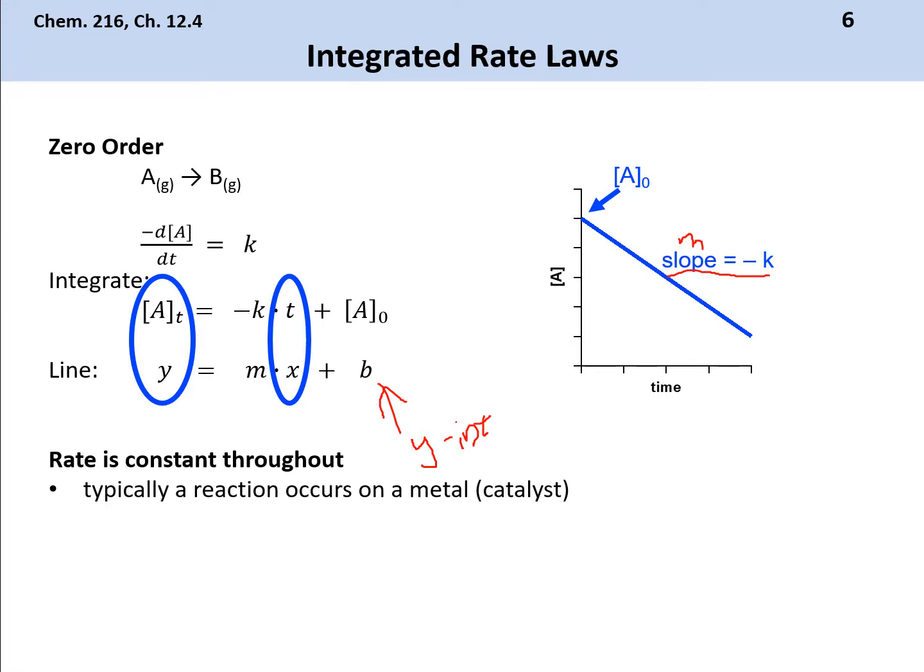So for a zero-order reaction, the concentration will decrease over time, and it'll decrease at a constant rate. Notice the slope is constant through this whole time. Typically, this is kind of rare. This really only happens when we have something like a catalyst that removes it. One thing to remember is if I go forward in time, this line will eventually hit 0.